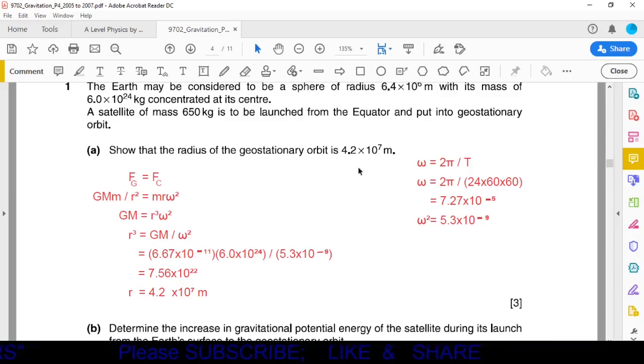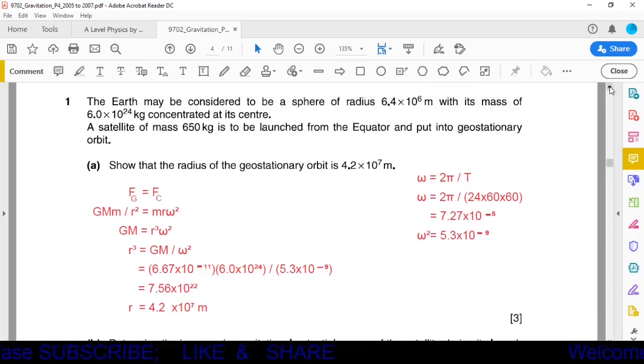Now we know omega is equal to 2π over T, where T is the time period. So angular velocity is 2π over the time period of the satellite. Now the time period of the satellite is also not given. Now we have to check how we can find the time period of the satellite.